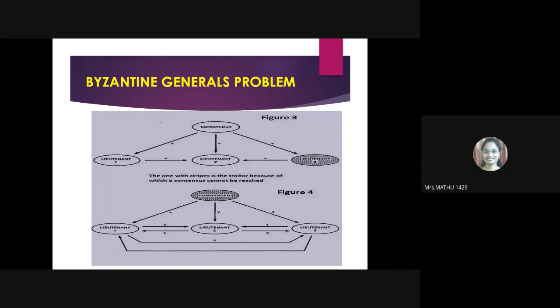And when the commander says do not attack, if he is going for attack, that is also a problem. So we can see in this picture, the node with the stripes is the traitor, because they are acting against the army's commands. That may be a general or the lieutenant, or the commander himself may be a traitor. In such a case, the information is not passed on to the nodes properly.